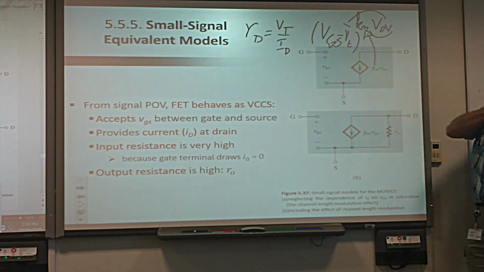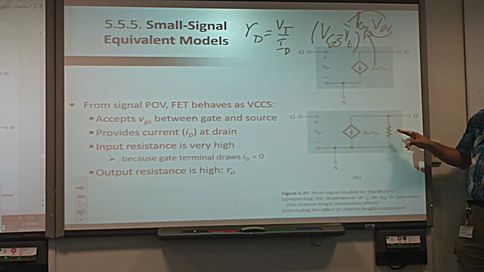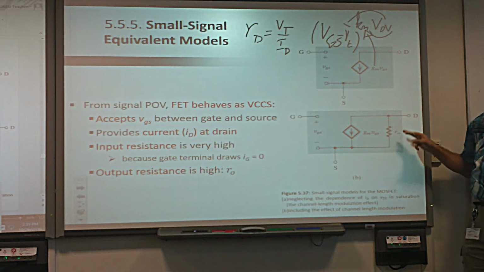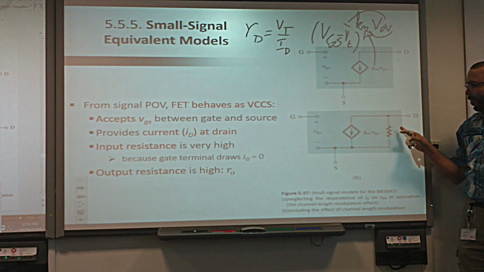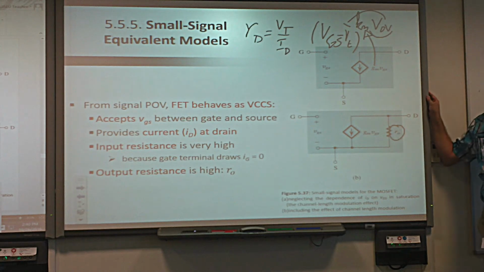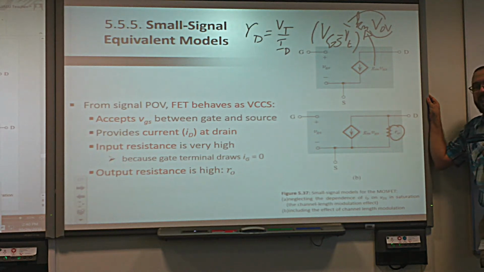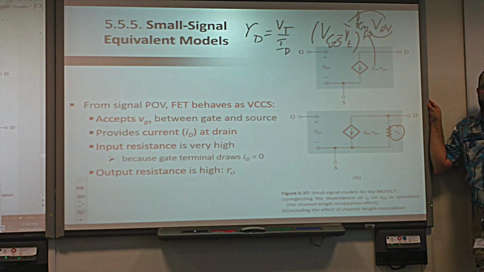And then from here we can make the model more accurate by including the output resistance of the MOSFET, r0, remember? It represents the channel length modulation, when VDS controls the channel length.